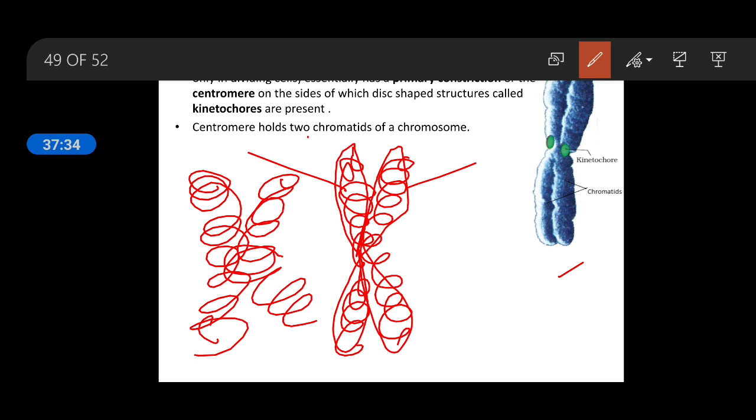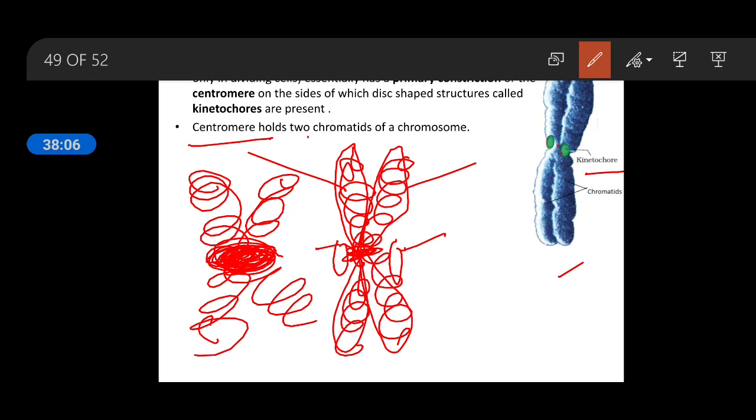Both chromatids are interconnected at a constriction. This constriction is known as the centromere. In the center part the centromere is present, and at both corners of the centromere, one disc-like structure is present on either side. These two disc-like structures are known as kinetochore.